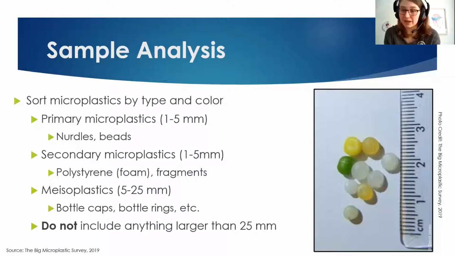So that's about 1 inch in diameter or so. So you want to keep things within that range, and that might be something like a bottle cap or like a toothpaste cap, for example. And you'd put that in a different pile. You'd say, oh, I got like 3 blue bottle caps, for example.